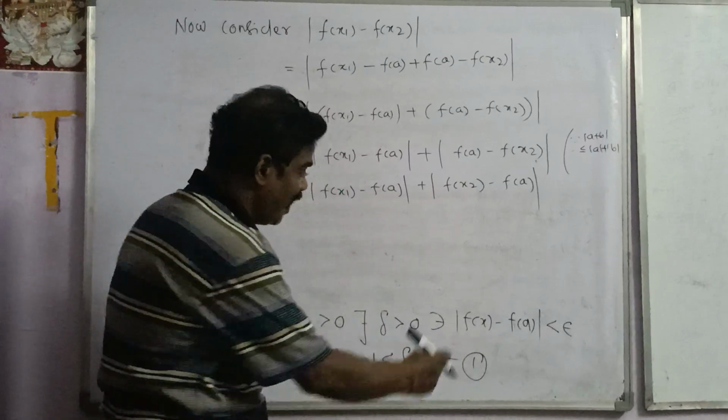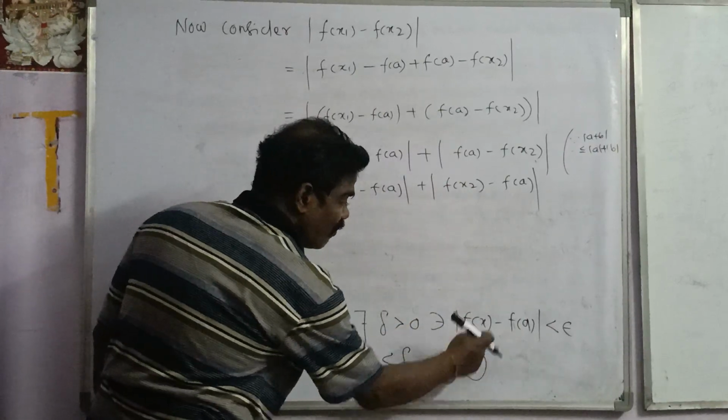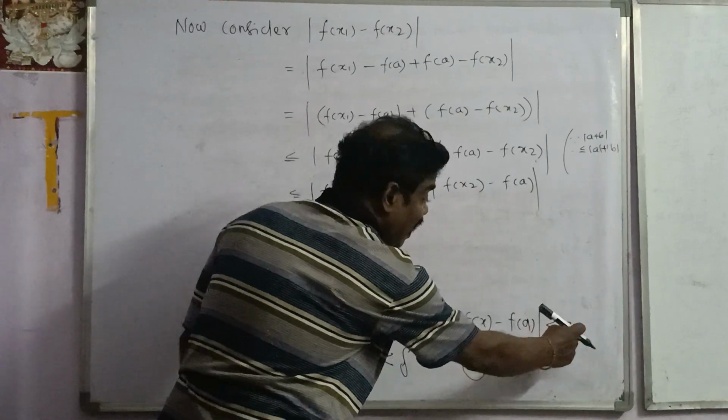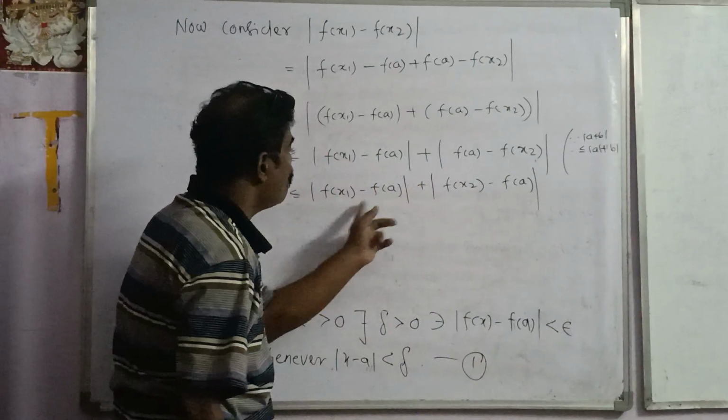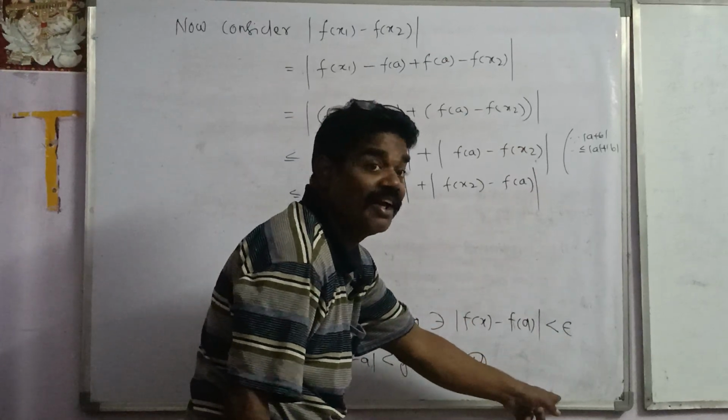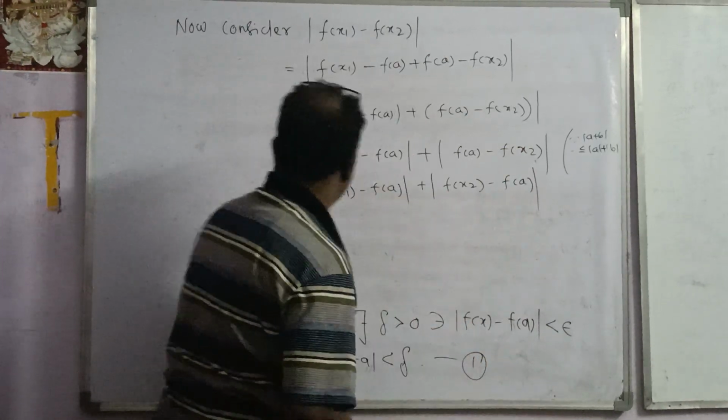From equation 1, |f(x) - f(a)| is less than epsilon. Here two parts are there now. For each part, how much you can write? Epsilon by 2.